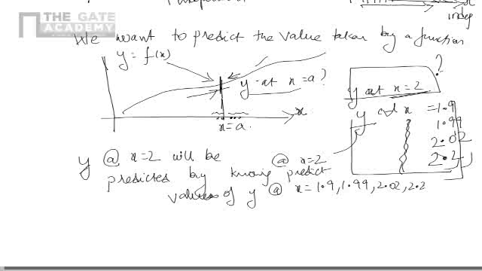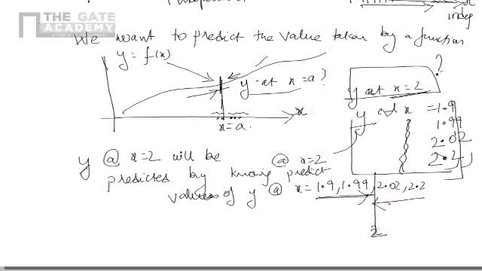Now observe, I have very cleverly chosen these values. In this 1.9 and 1.99, 2 is somewhere here. I am traveling towards 2 in one direction, whereas here I am traveling towards 2 in this direction.